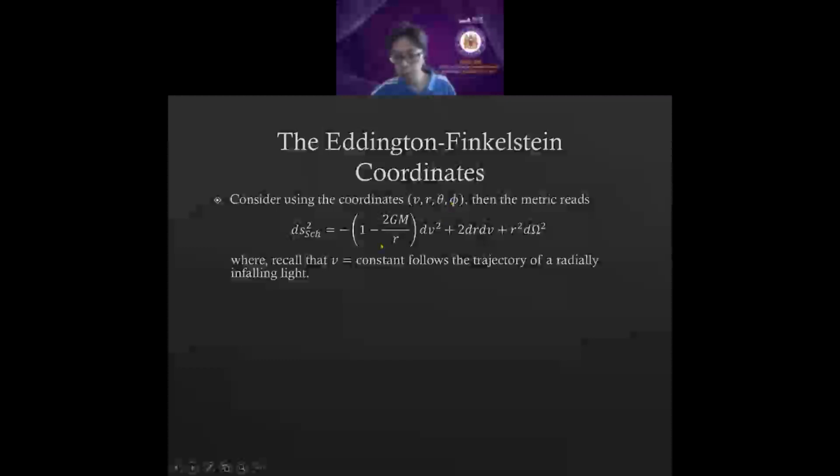In this coordinate system, recall that I said v equals constant follows the trajectory of radially infalling light. So again, we can consider the path of radially infalling light, and we can draw the spacetime diagram using v minus r.